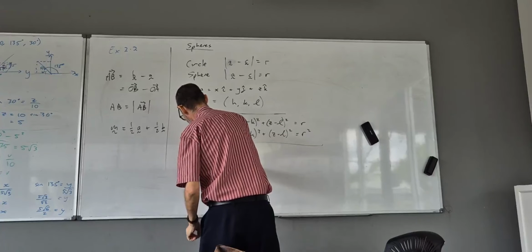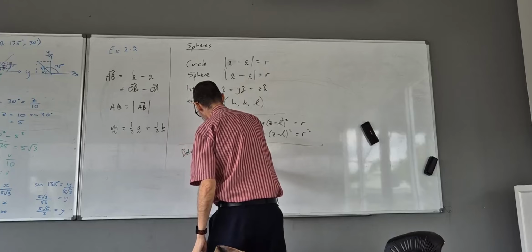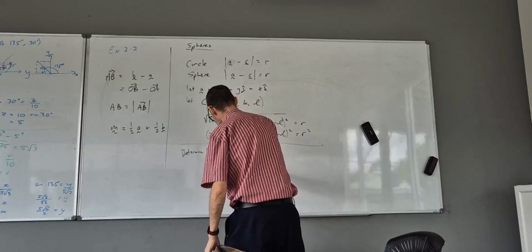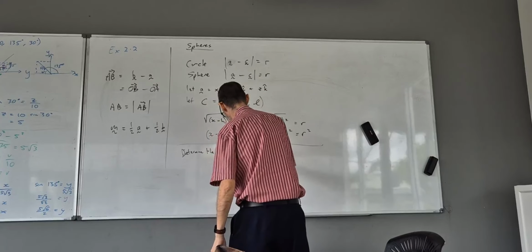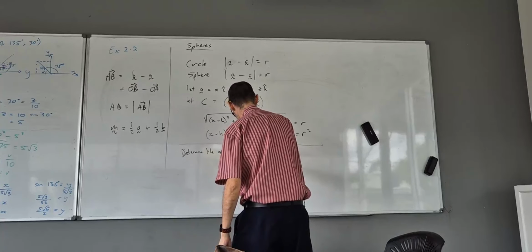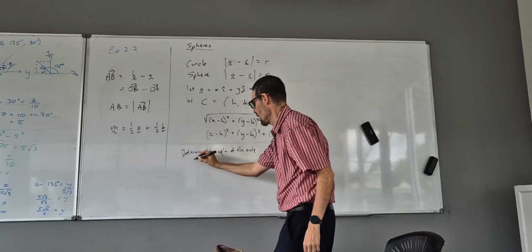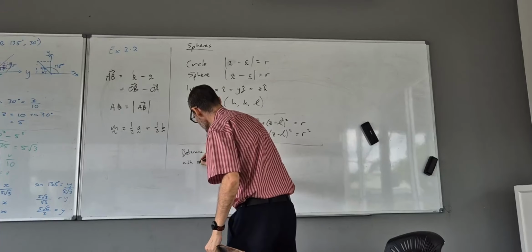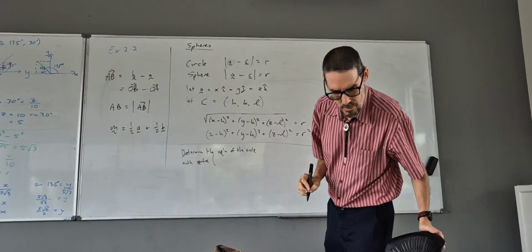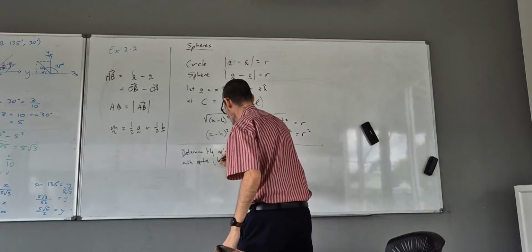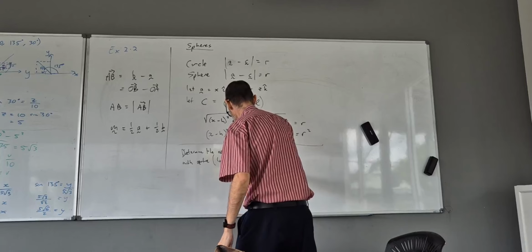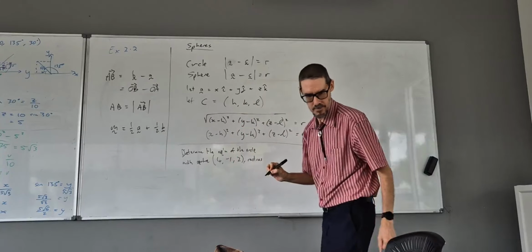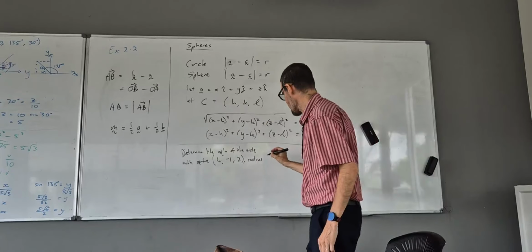Determine the equation. They should say the Cartesian equation. The equation of the circle with centre 4, minus 1, 2, and radius 6.